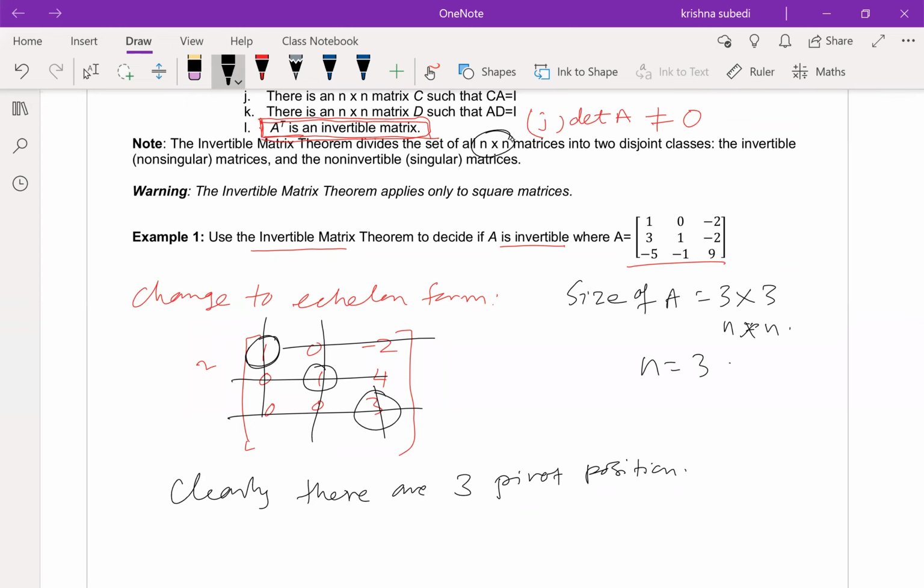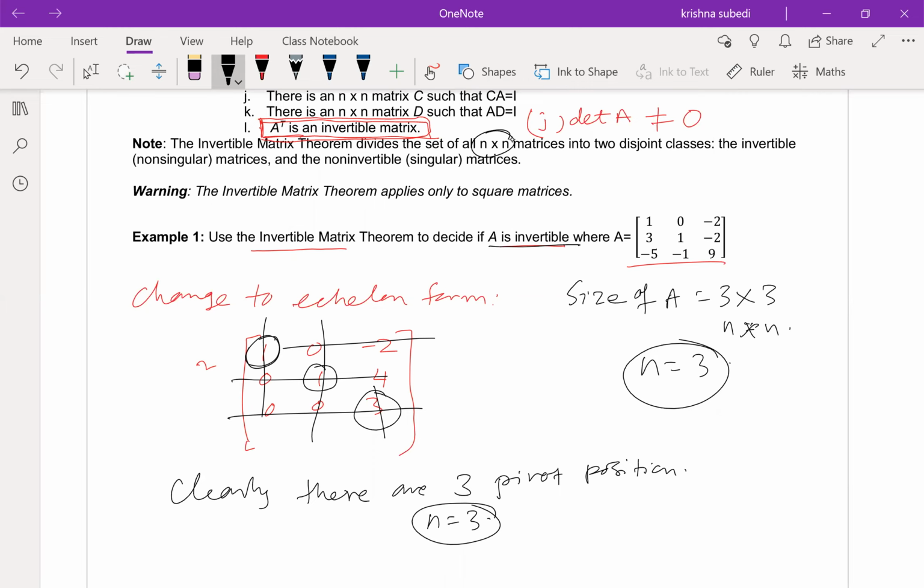And here also you got 3 pivots. So they are equal, which means the inverse exists. That's how we can figure out whether the inverse exists or not. Okay, A is invertible. And how to find the inverse? The same process that we just did.